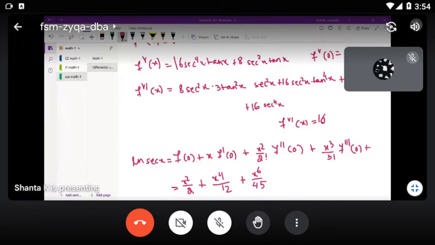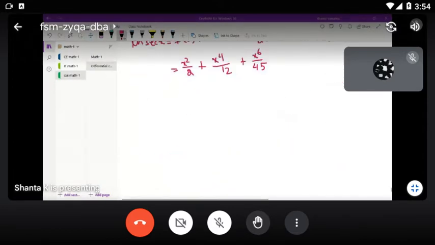Okay. One more question, and we have a compound function. Expand.